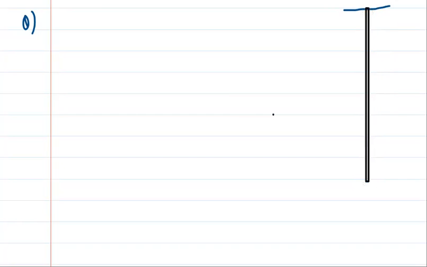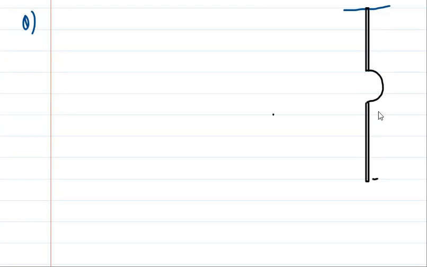And this is not massless. This is not massless, right? And there is a pulse here. So we have a pulse like this. Okay, right? This is the setup.